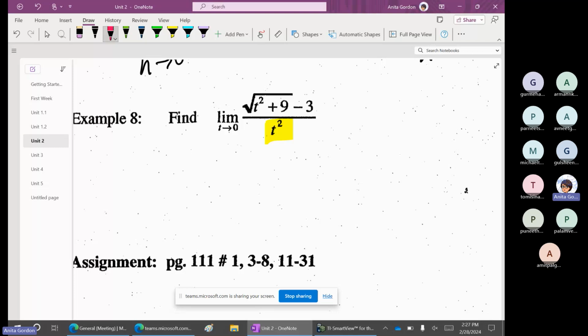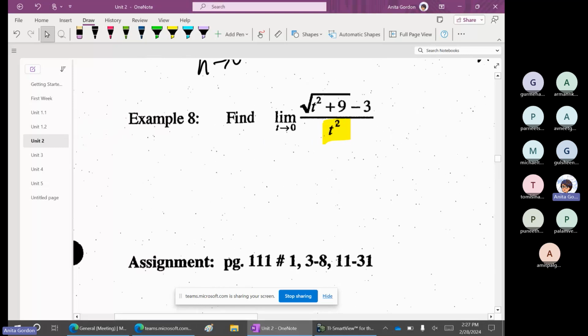I can't use substitution because my denominator is t and 0 is not in the domain, so I have to find a different method. Factoring, can't do. Expanding, can't do. So my next thing, I see a radical. Wait, there's a negative 3 outside. Sorry. So I can't factor. I can't expand. So I see a radical.